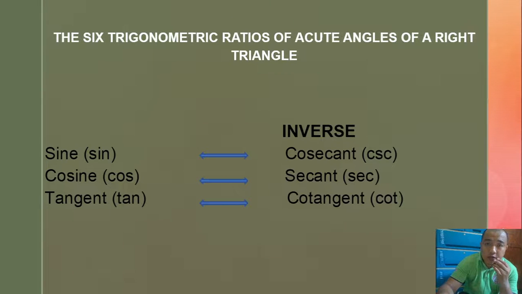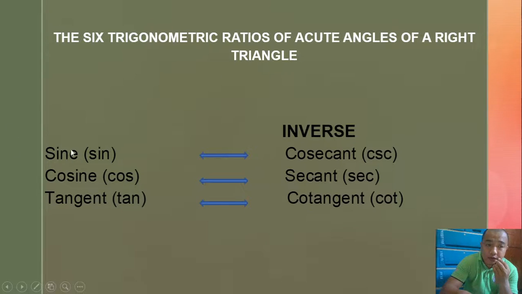So these are the 6 trigonometric ratios of acute angles of a right triangle: sine, cosine, and tangent. Sine can be written as sin, cosine can be written as cos, and tangent can be written as tan. Now, there are 3 other trigonometric ratios, which are the inverses of the sine, cosine, and tangent.